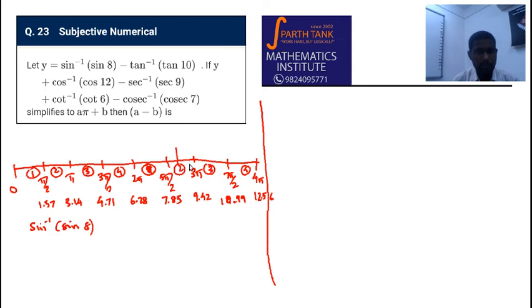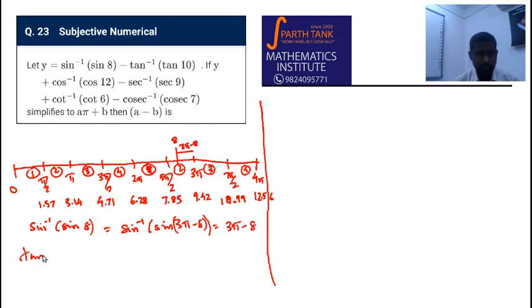Now 8 is in the second quadrant, and in the second quadrant sine theta is positive. So if I find this angle here, if this is 8, this is 3 pi, so this angle is 3 pi minus 8. This is an acute angle and it is going to be positive. So this can be written as sine inverse of sine of 3 pi minus 8. This is an acute angle and therefore it is 3 pi minus 8.